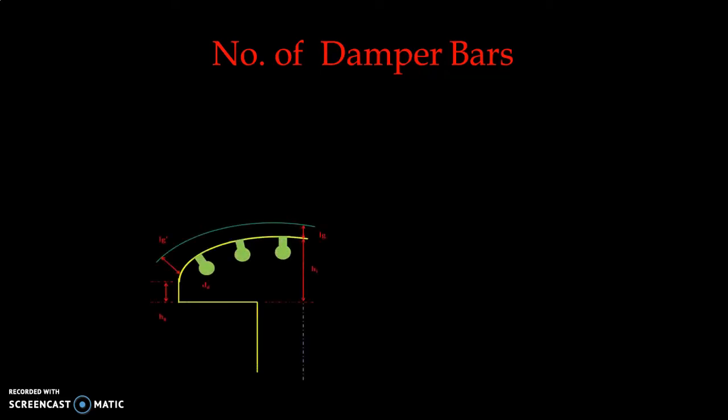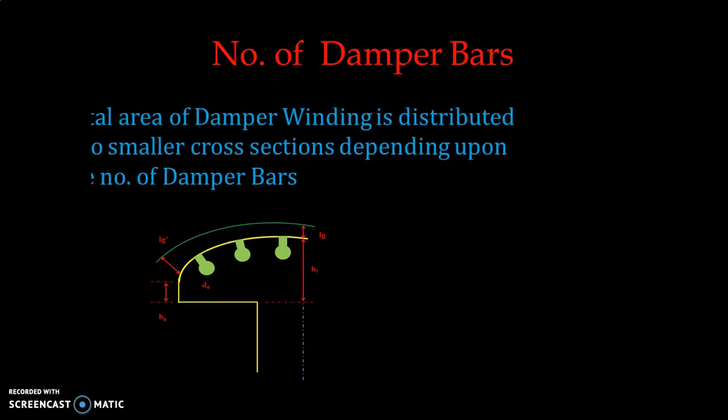After calculating the length of the damper bar, the next step is the number of damper bars. So we just draw a figure for our reference, and we can easily understand from this figure how to calculate the number of damper bars.